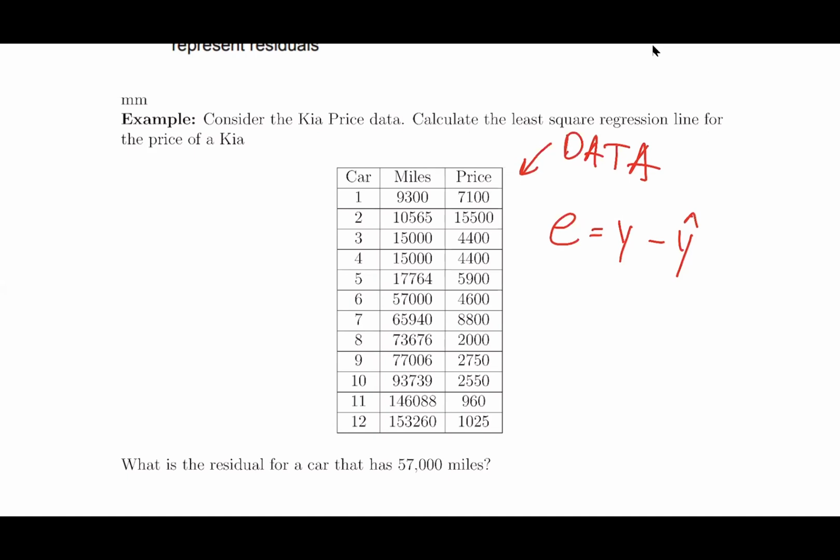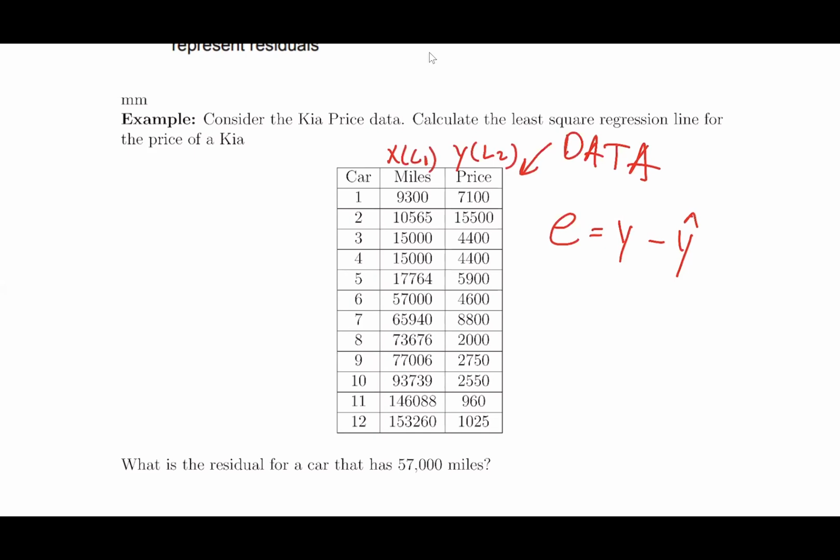The price of the car depends on how many miles it has. The fewer miles it has, the more it should cost. So for this one, we're going to say miles is x and price is y. That means miles goes in L1 and price goes in L2.